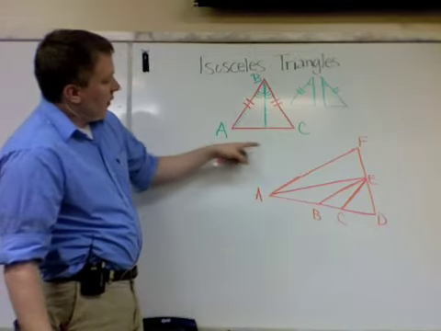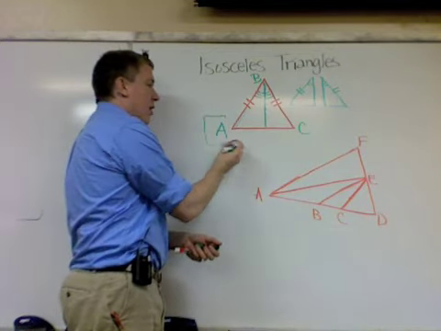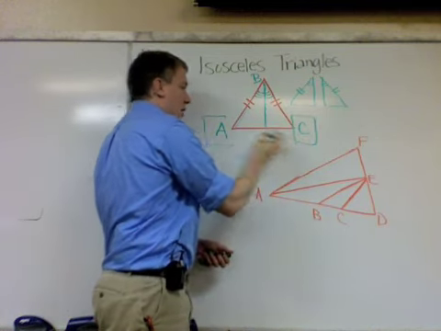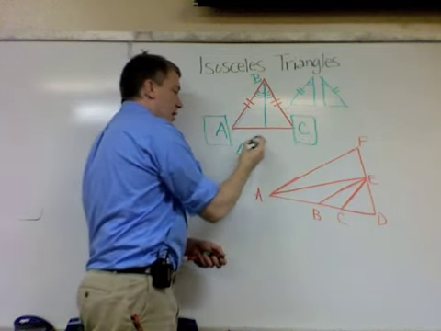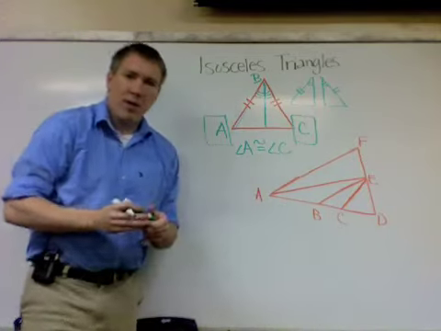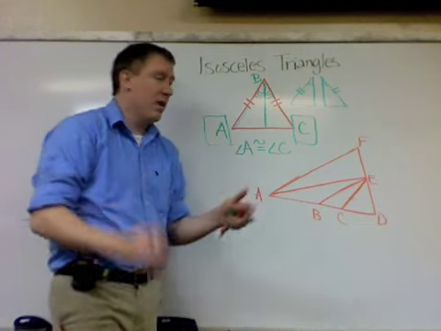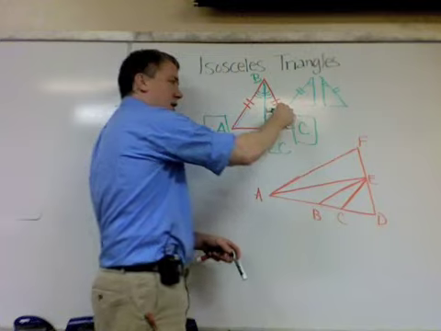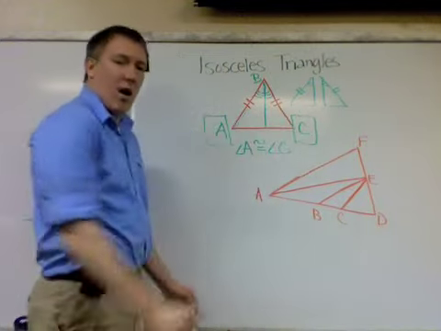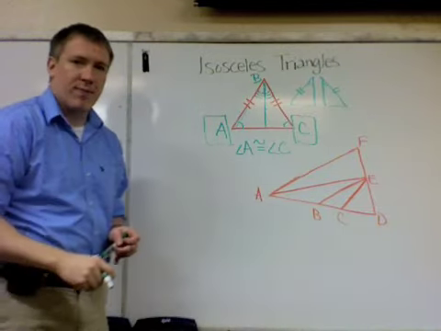So if that is true, that would mean that angle A here corresponds to angle C over here in these two triangles. So angle A must be congruent to angle C. So what this means in general for an isosceles triangle is if the two sides are congruent, it's isosceles, then the two angles beneath them also are congruent every single time.